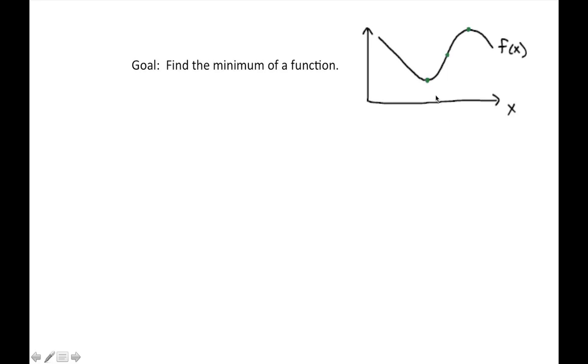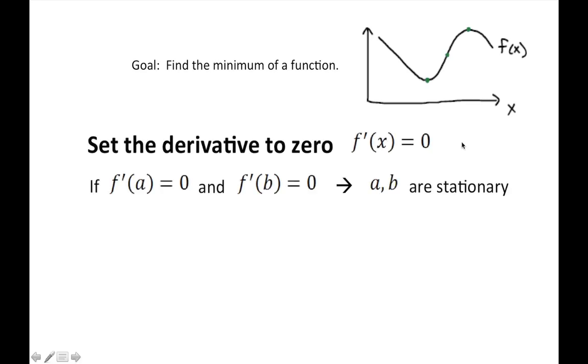Say we want to find the minimum of a function f of x. How do we do this? You should have learned in calculus that you need to set the derivative of f to 0. If f prime of a equals 0 and f prime of b equals 0, then both a and b are called stationary points.